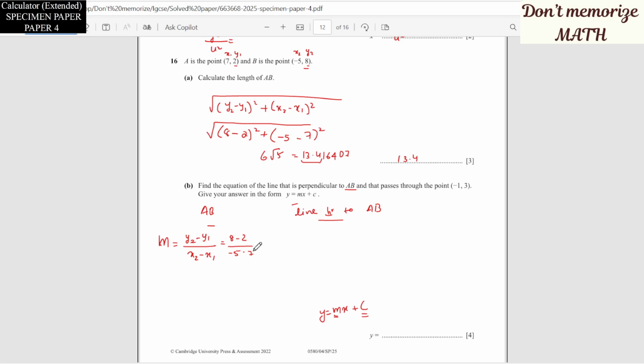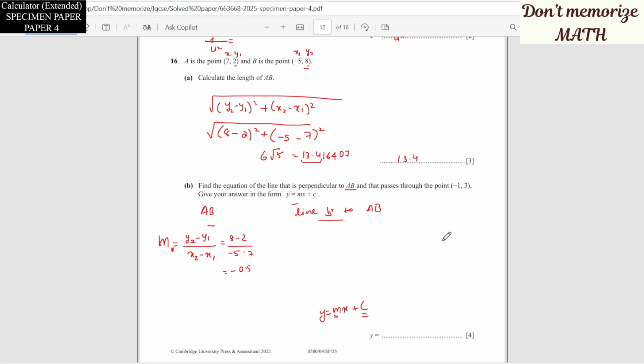So use the calculator, use the fraction button, 8 minus 2 over minus 5 minus 7. So it is minus 1 over 2 or negative 0.5. Okay, so we already got the gradient of AB. I am taking it as m1.